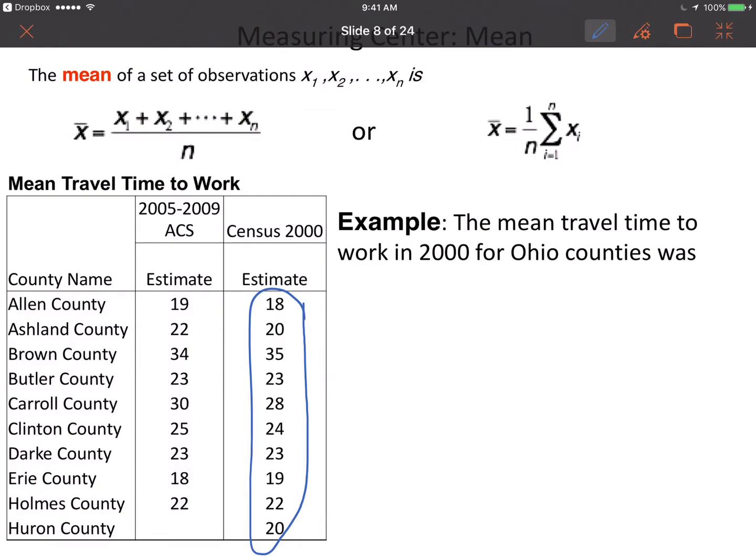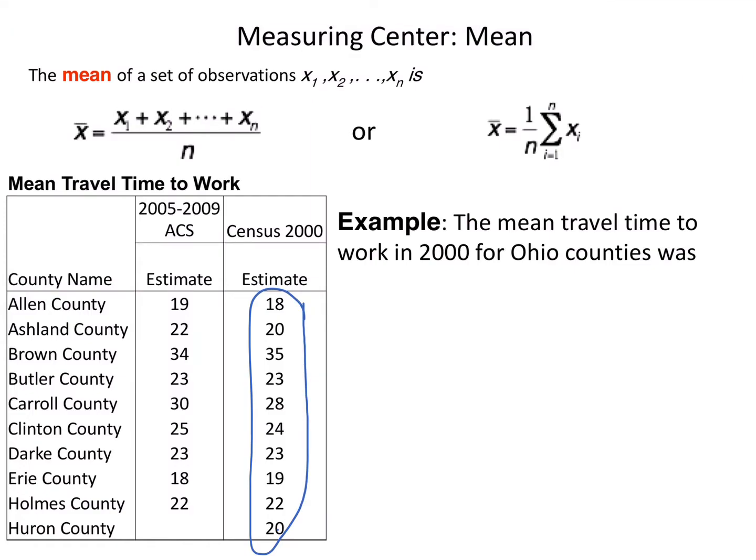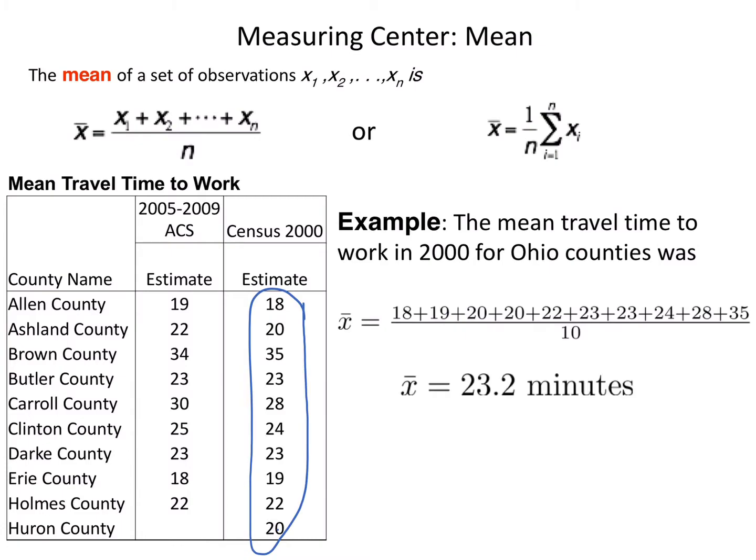So 1, 2, 3, 4, 5, 6, 7, 8, 9, 10. So I will divide by 10. All right, you can type that into your calculator, and what you should get is 23.2 minutes. All right, we use the x with the bar over it to denote the mean.